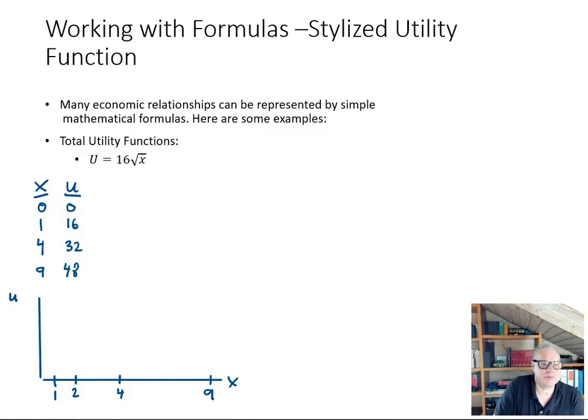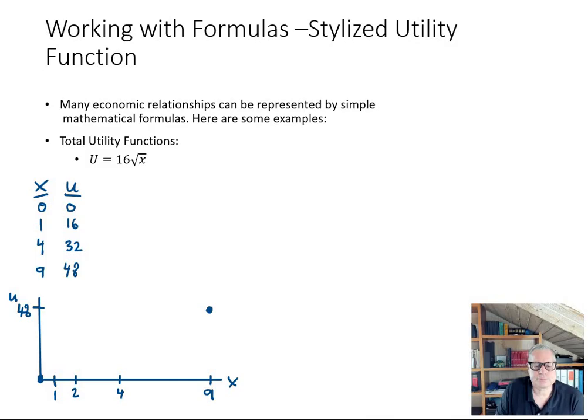At the value of 0, the utility is 0, and here we have the maximum of 48. So if x is 9, we have here a value of 48.